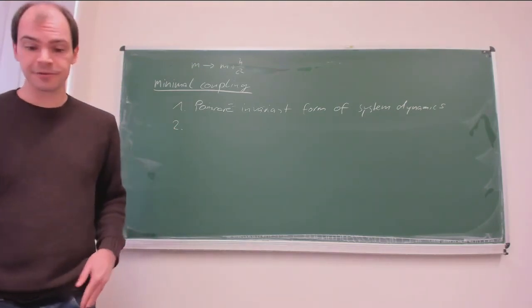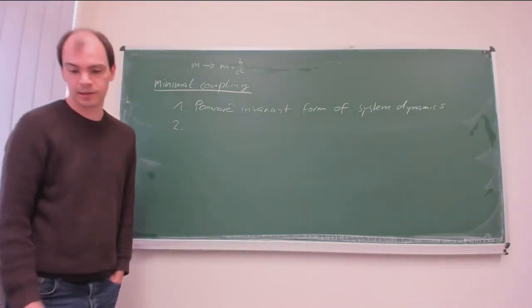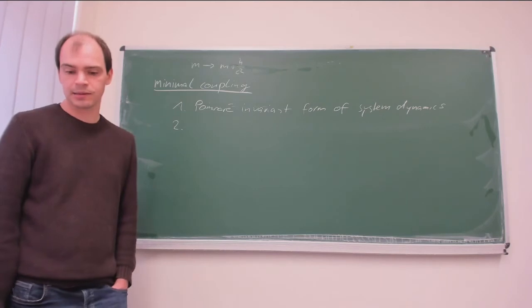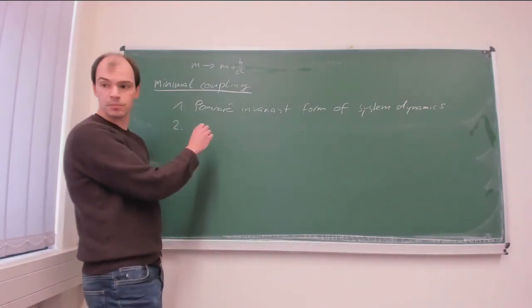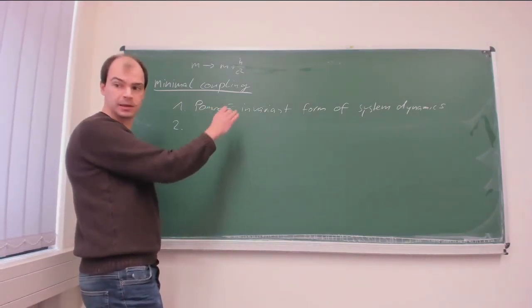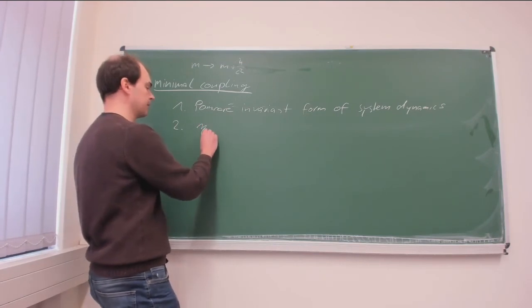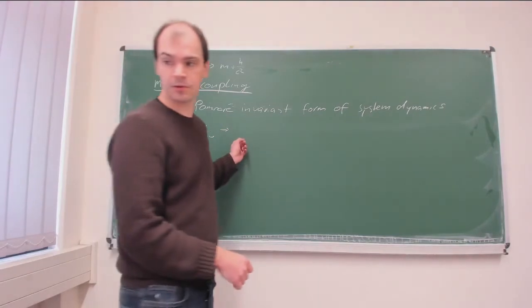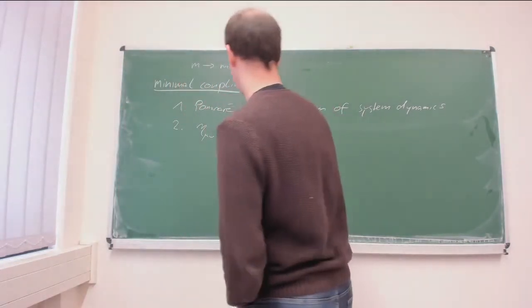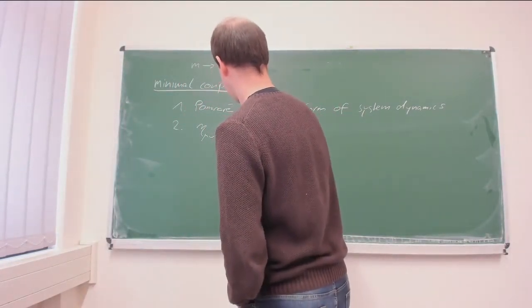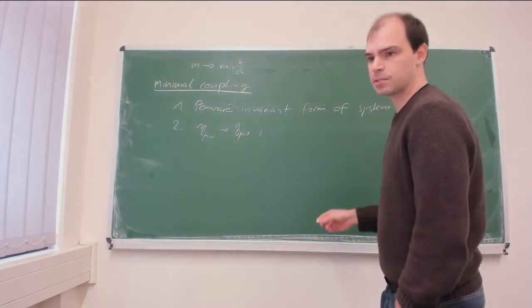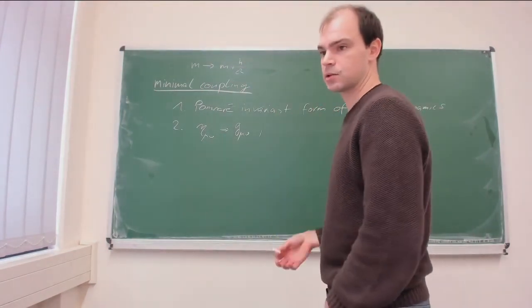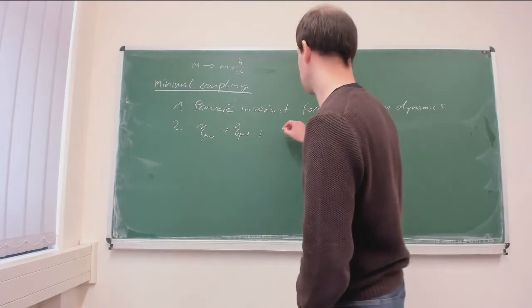And then, if you have this, the second step is you replace the Minkowski metric of flat space, in special relativity, by your curved spacetime metric, g mu nu, and you replace the partial derivatives that appear in your Lagrangian, your equations of motion, whatever.